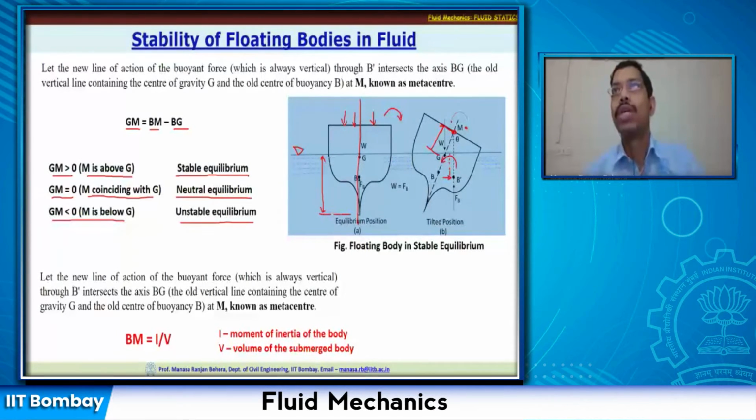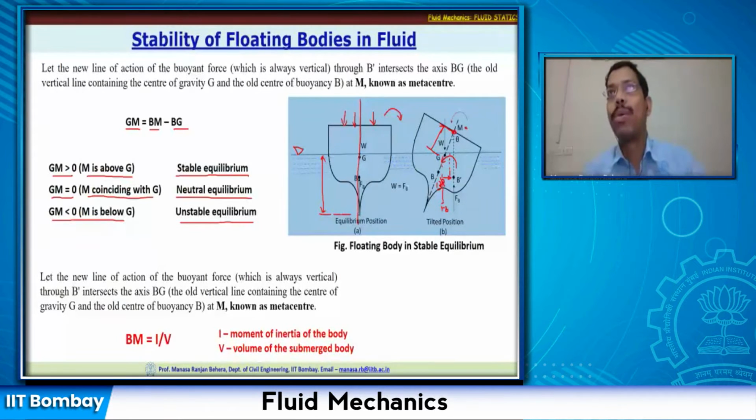To understand that slightly more, let us say this metacenter M is going to come somewhere here, so your B dash falls on the left side of this. So you have a point here where this is your B dash and the FB is acting here. In that case, what will happen? Your W is on this side, FB is on this side, it will create one clockwise moment.